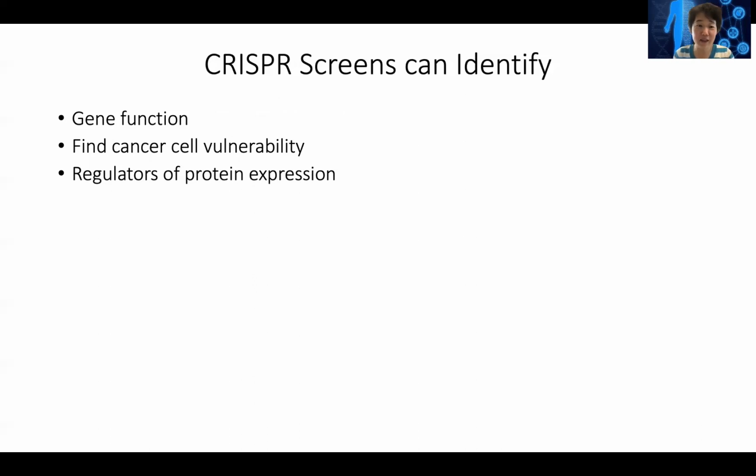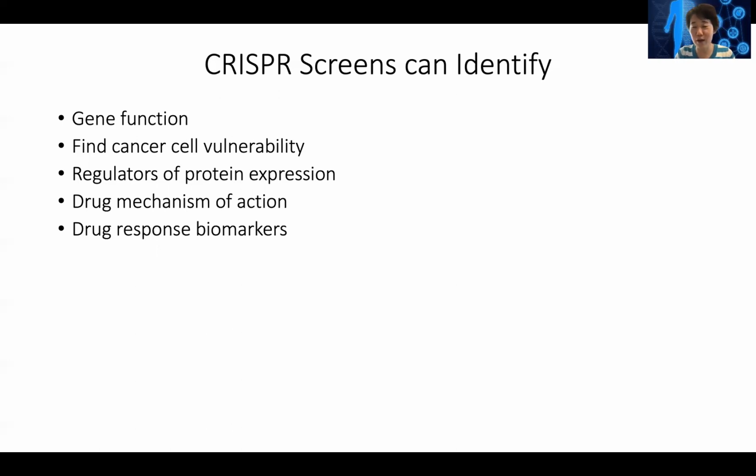You can use it to identify genes that regulate protein expression on the cell surface. For example, CMTM6 regulating PD-L1 expression on the cell surface. You can use it to look at the drug mechanism of action. You ask, what kind of gene knockout will make the cell more sensitive or less sensitive to a BRAF inhibitor? And this kind of gives you a response biomarker as well.